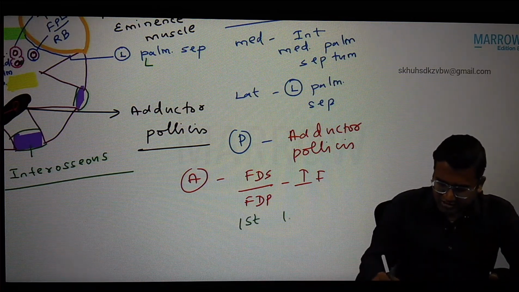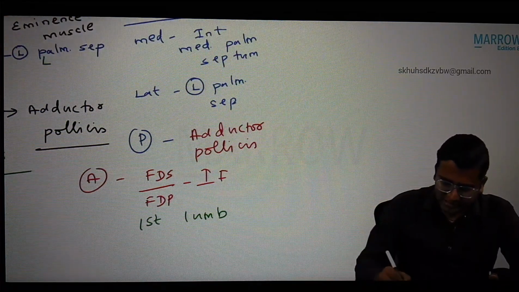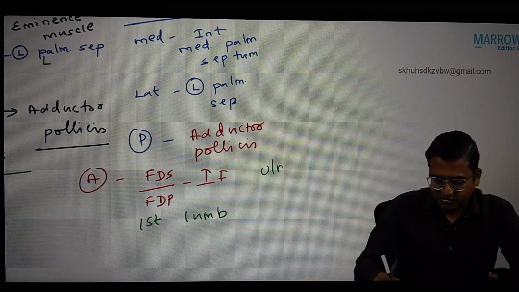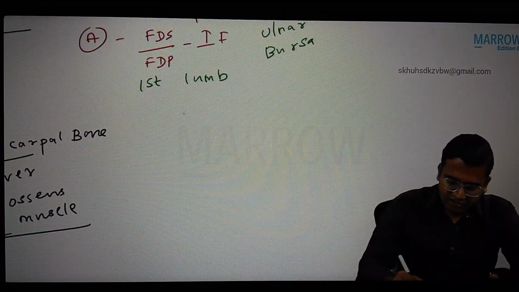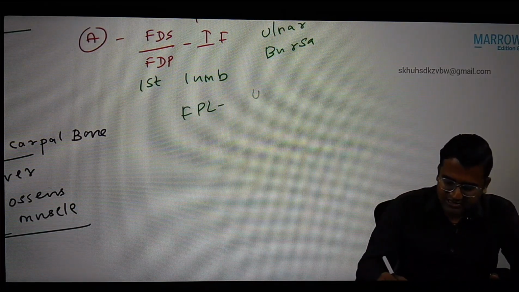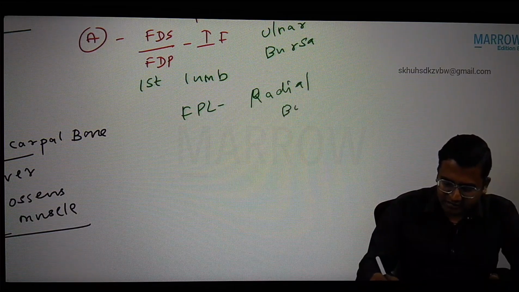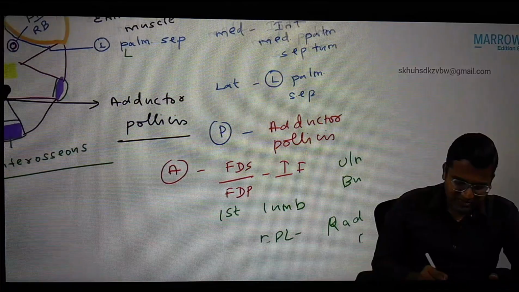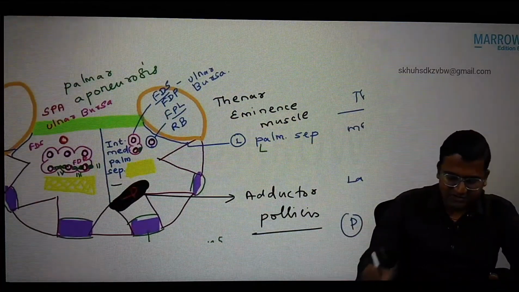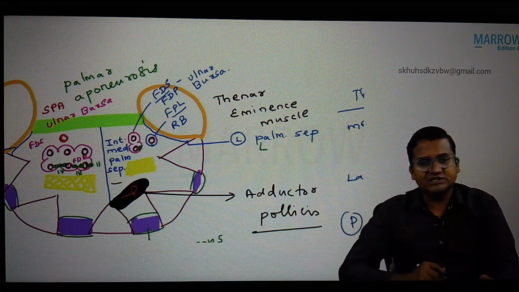The FDS and FDP tendons are covered by the synovial sheath, which we know is our ulnar bursa. We also see the flexor pollicis longus, covered by the radial bursa. These are the boundaries of our thenar space and mid-palmar space. Very simple. Draw the diagram and then complete the relation.